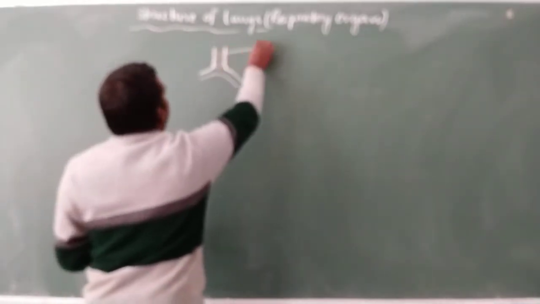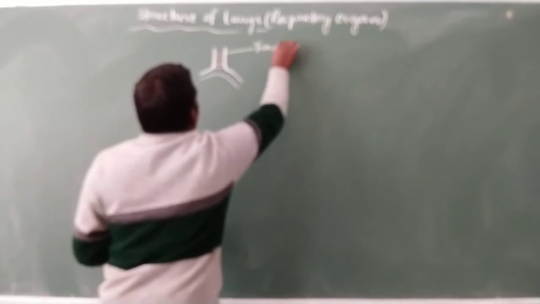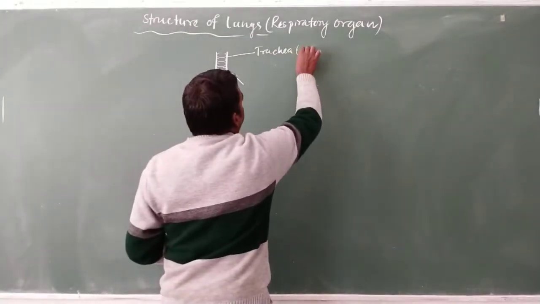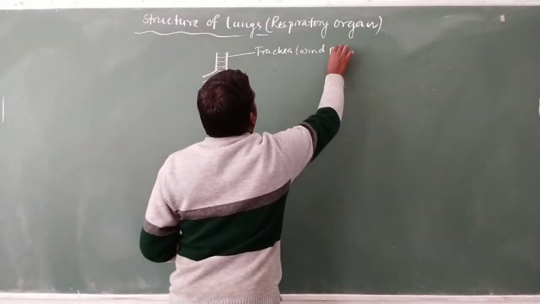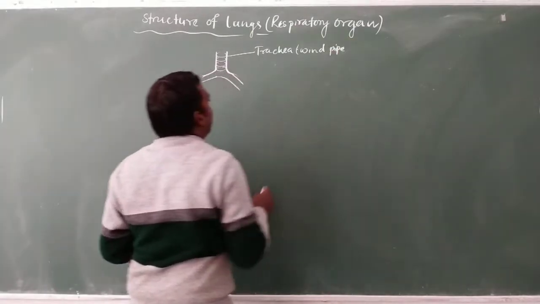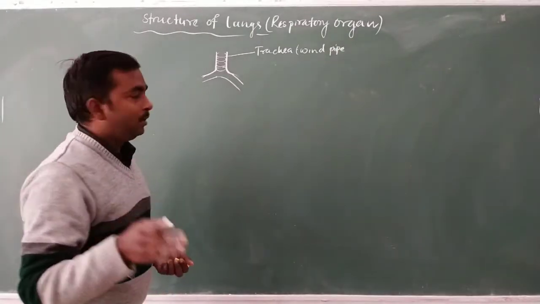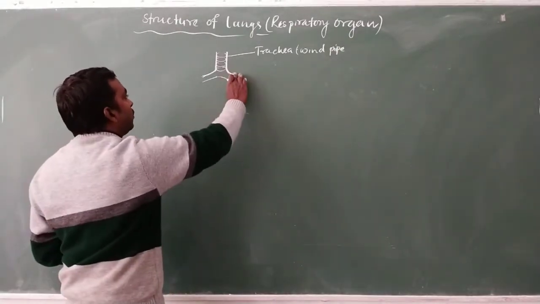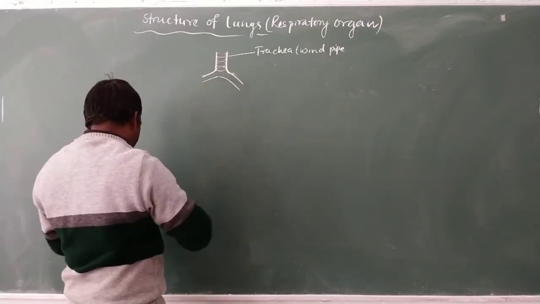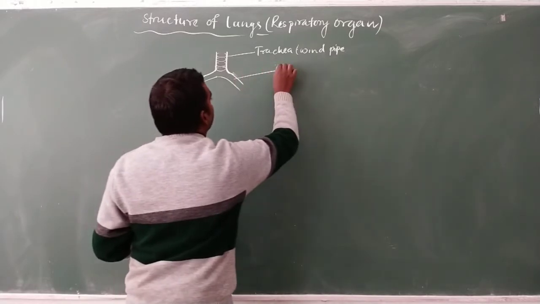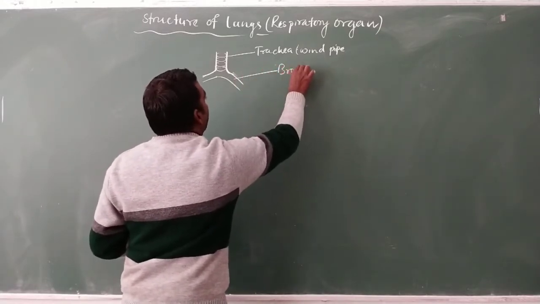Now this trachea, also known as the windpipe, when it enters the thoracic cavity, branches into two, and these branches are known as bronchi.